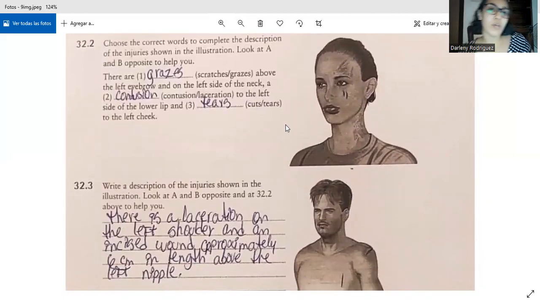Choose the correct words to complete the description of the injuries shown in the illustration. There are grazes above the left eyebrow and on the left side of the neck. A contusion to the left side of the lower lip and tears to the left cheek.